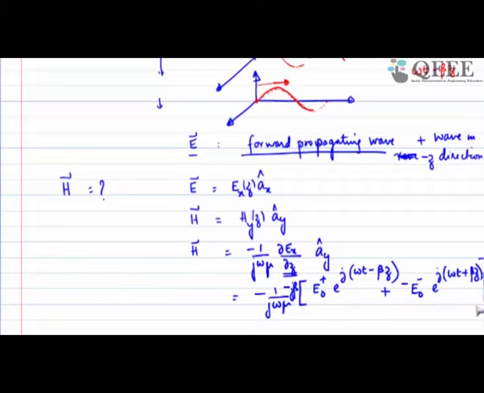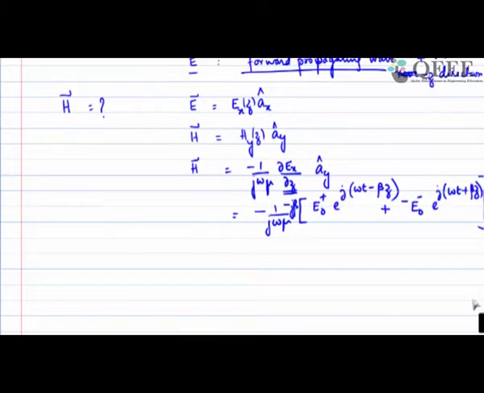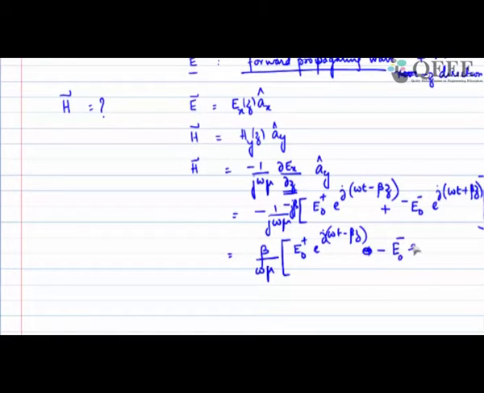I have already taken the beta outside. So this result is beta by omega mu times E naught plus e power j omega t minus beta z, minus E naught minus e power j omega t plus beta z, in the Ay direction.